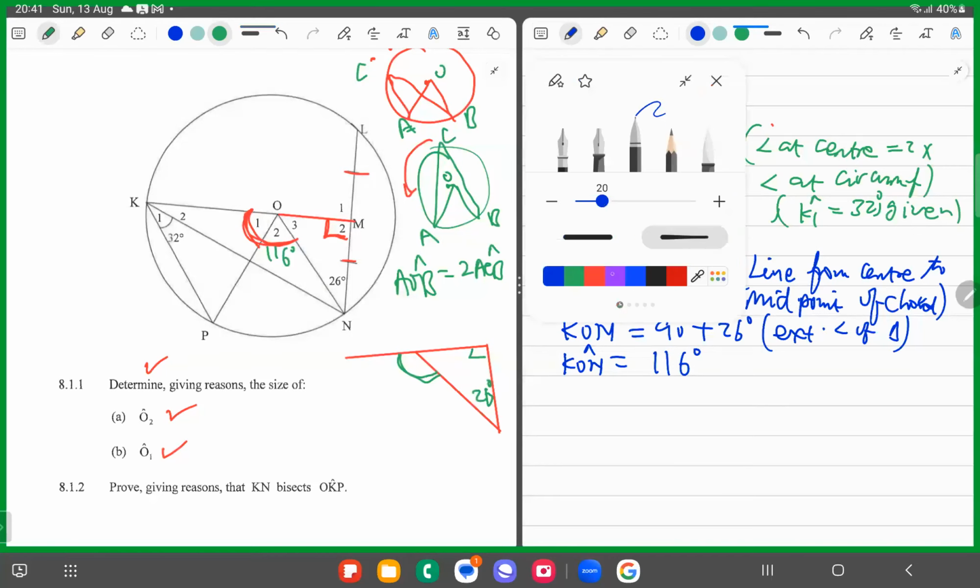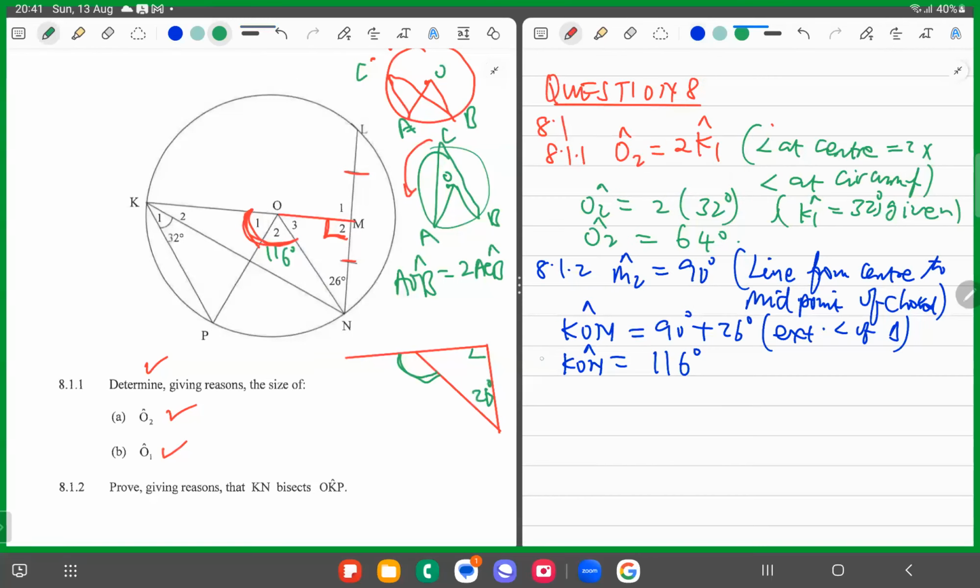So we proceed to say this. Angle O1 is 116 degrees minus 64 degrees, because you already know that angle O2 is 64 degrees, so this one here is 64 degrees.